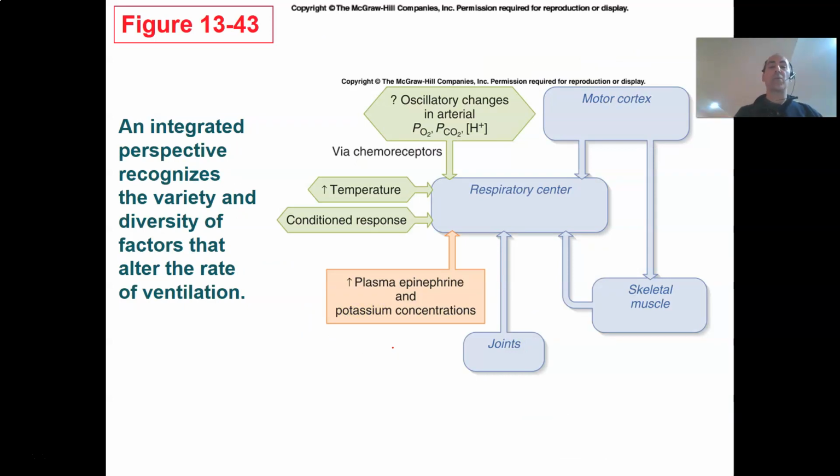This one is a really important one to know. The respiratory centers and how they're connected to the motor cortex and skeletal muscle and joints, and how all of these feed into the respiratory center.